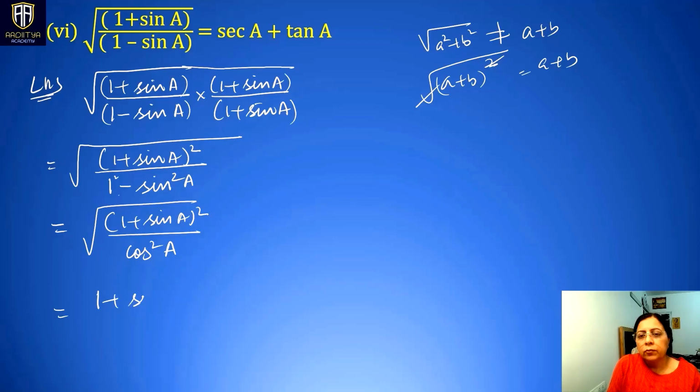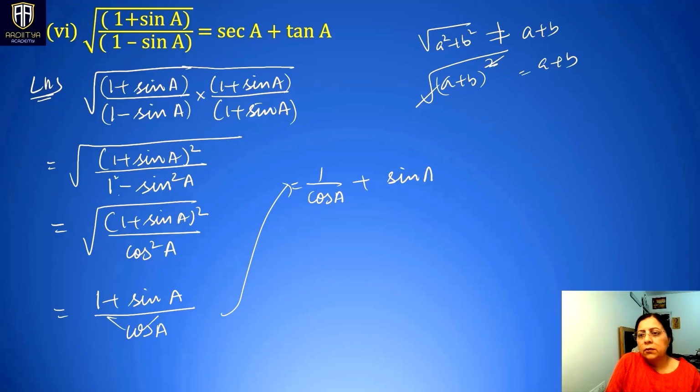So we get 1 plus sine A in the numerator, and in the denominator we get cos A. So we take this denominator below both the terms: 1 upon cos A plus sine A upon cos A. So we have secant A plus tangent A, which is the RHS, right?